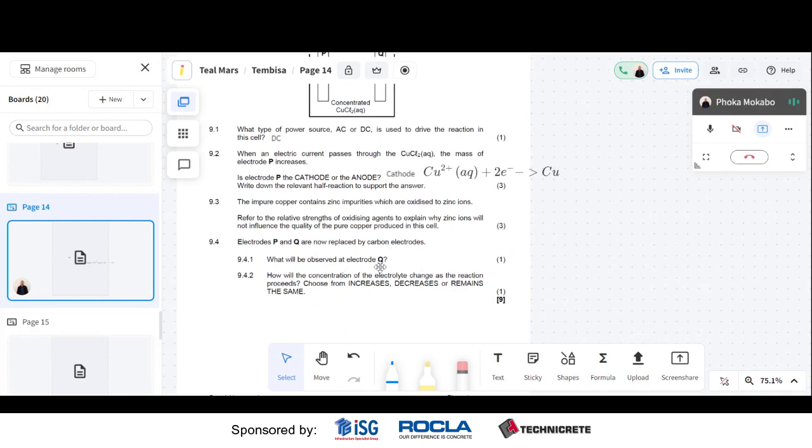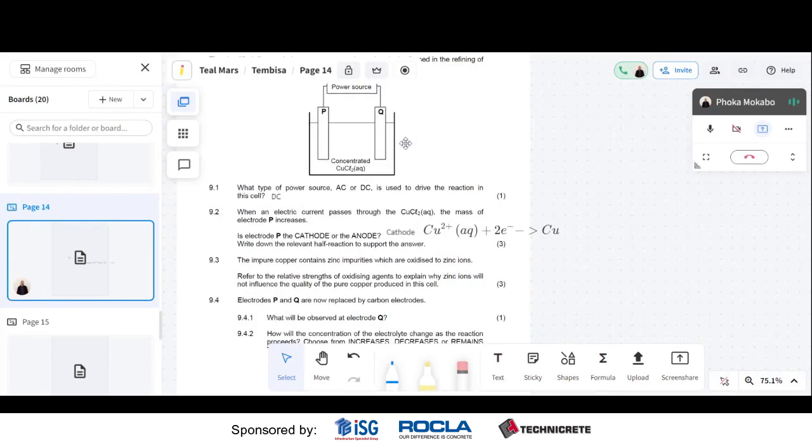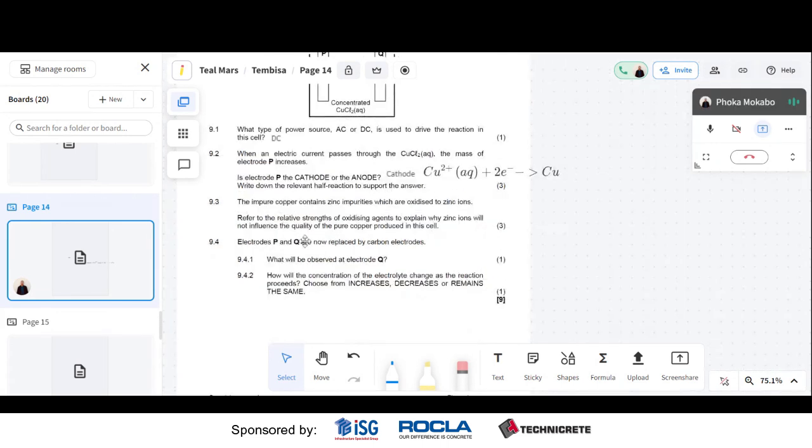Well, in this case, given that we would have carbon electrodes, the chlorine would form in gaseous form, and not only that, it would start to bubble at electrode Q. So the chlorine gas would be bubbled at electrode Q.